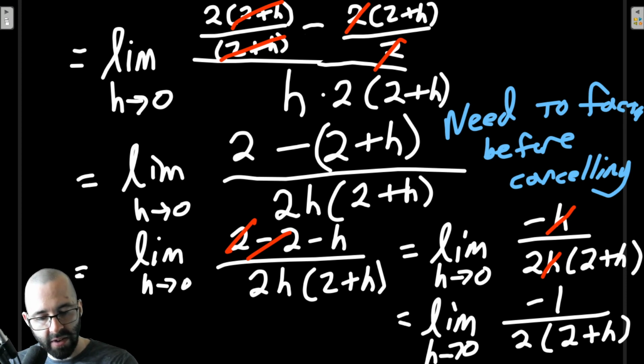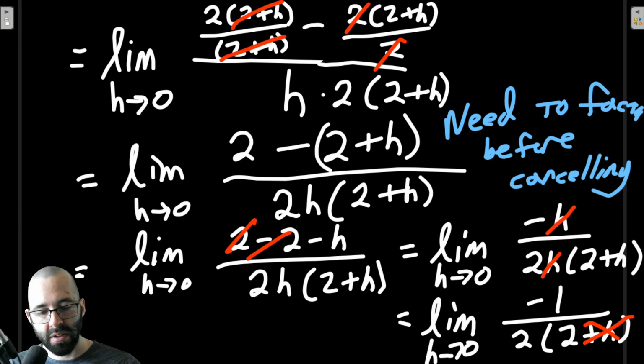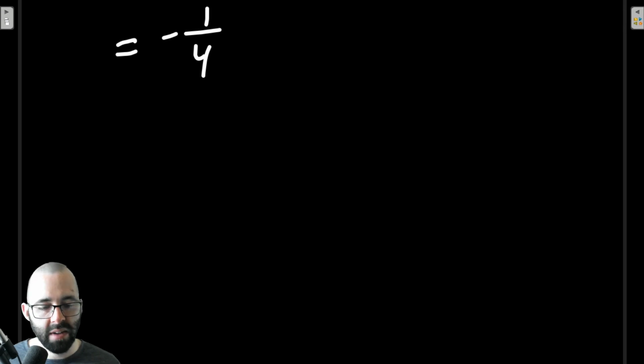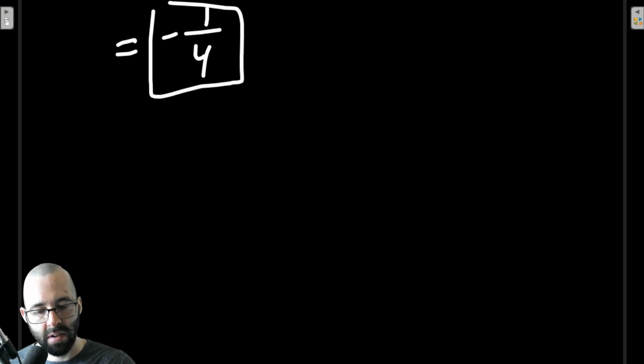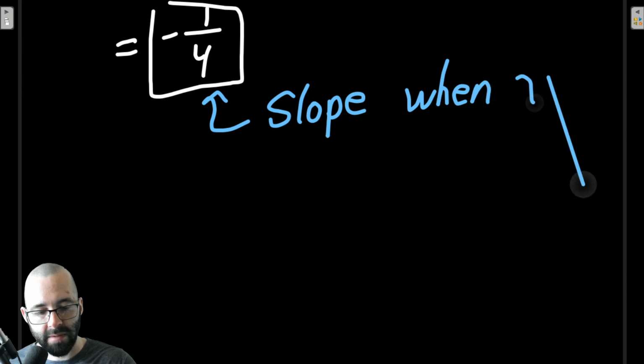Well, as h goes to 0, this thing just goes away and we get negative 1/4. Negative 1 over 2 times 2, negative 1/4. So the slope at that point is negative 1/4. Remember, this is the slope when x is equal to 2. Slope is derivative. Woo.